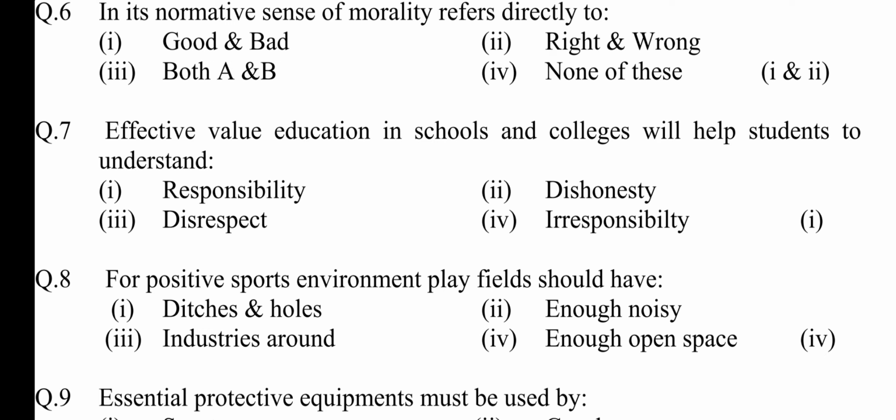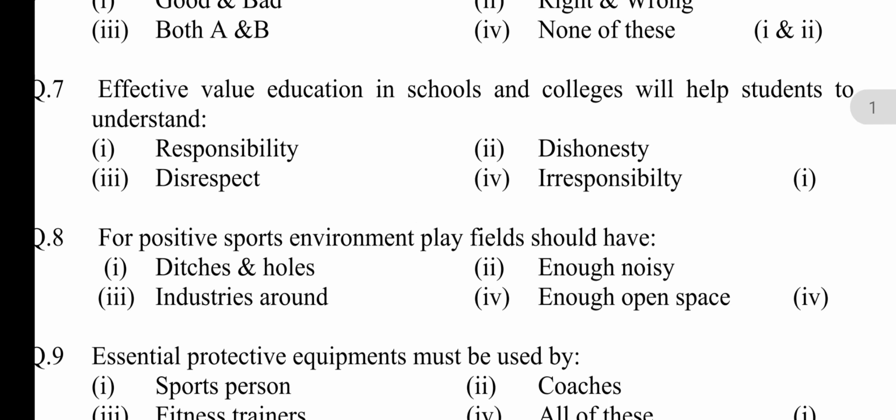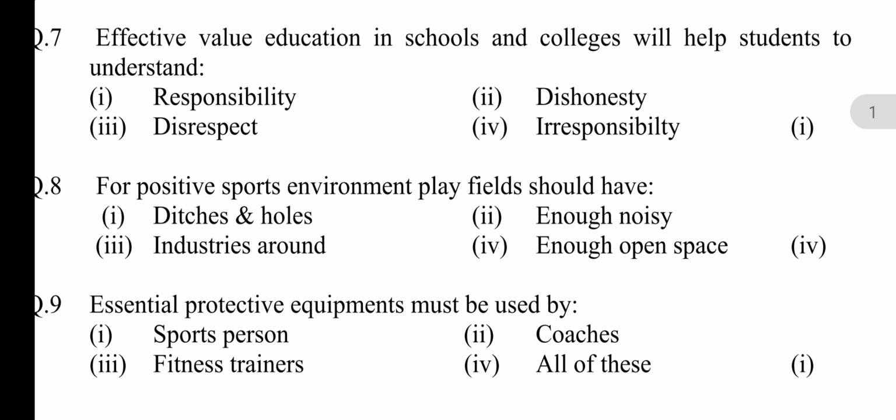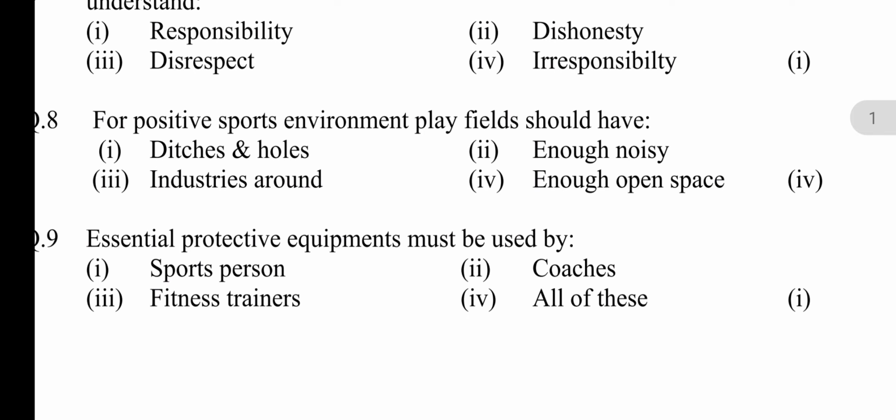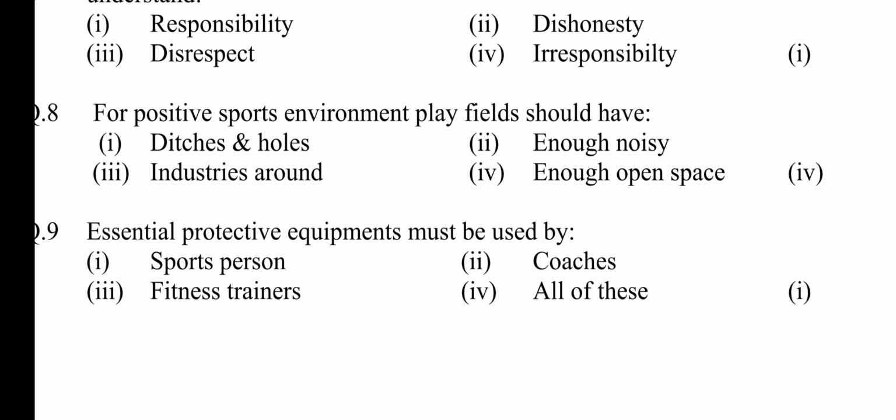Good and bad, right and wrong. Question number 7. Effective value education in schools and colleges will help students to understand option first, responsibility. Second, dishonesty. Third, disrespect. Fourth, irresponsibility. Answer is option first, responsibility.